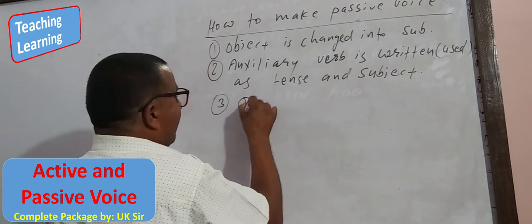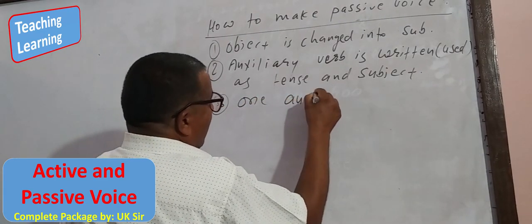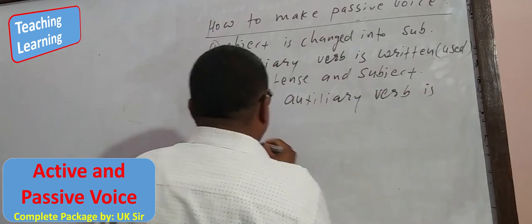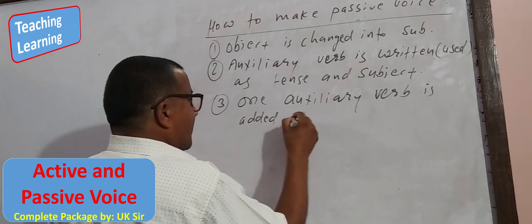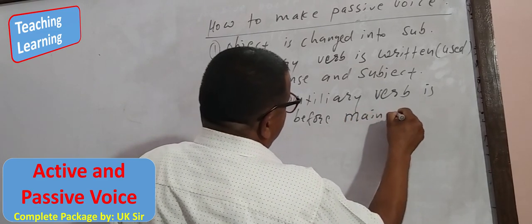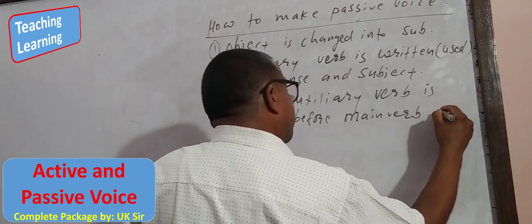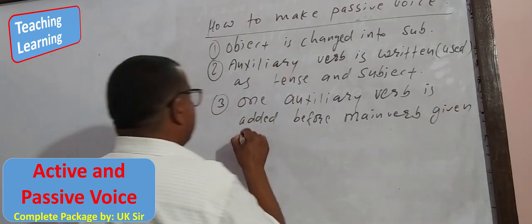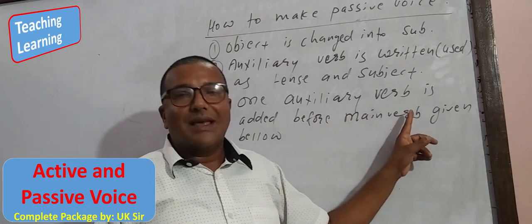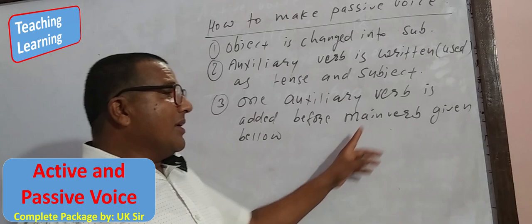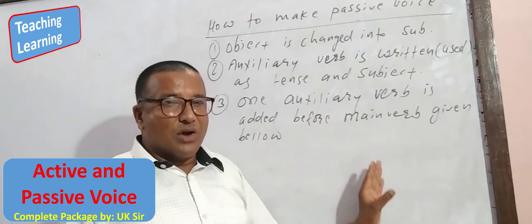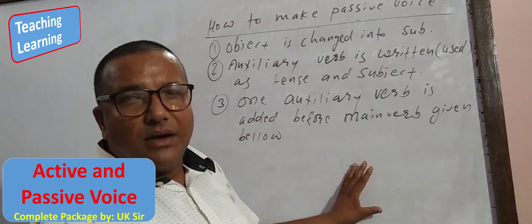Rule number 3: one auxiliary verb is added before the main verb, given below. We have to know about that because it is most important in the passive voice.